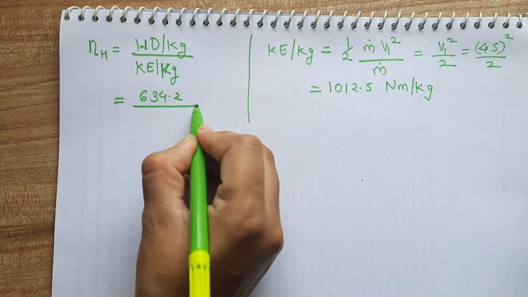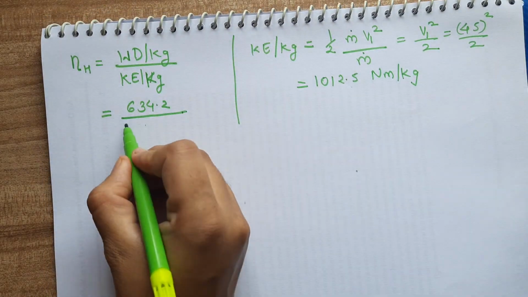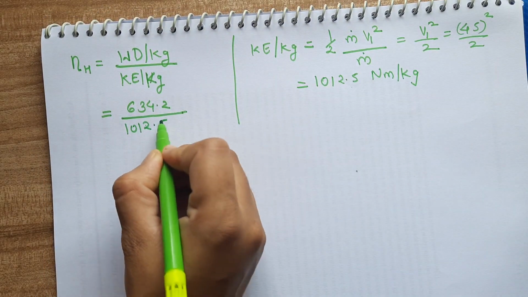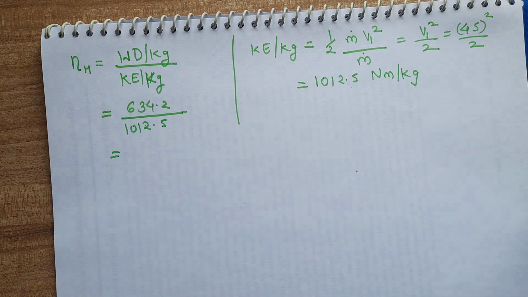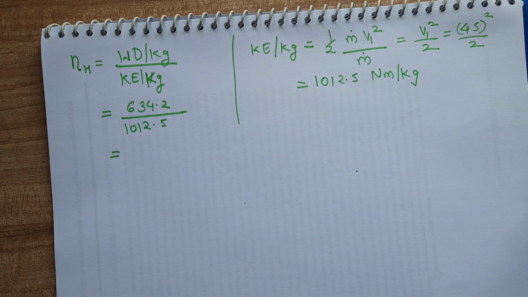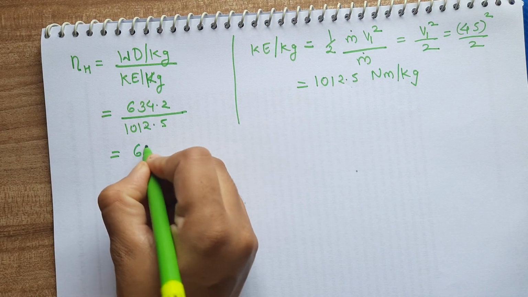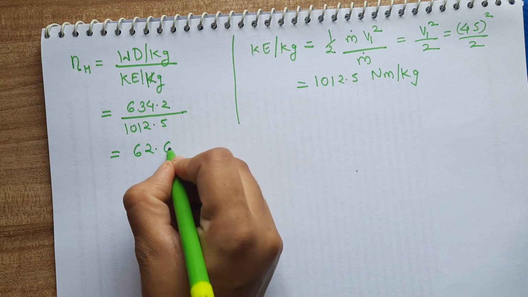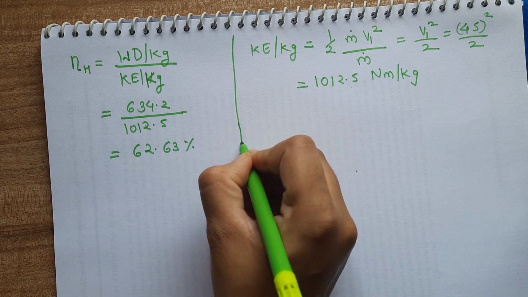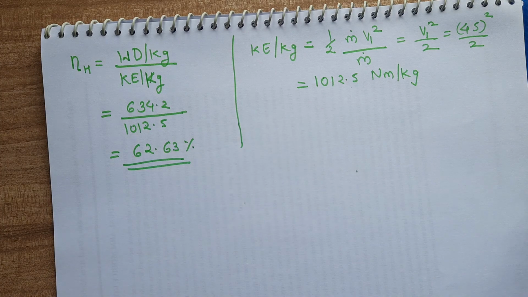So here in the denominator 1012.5. Let's solve it and we will get answer as 62.63%. So this will be the hydraulic efficiency for the given numerical.